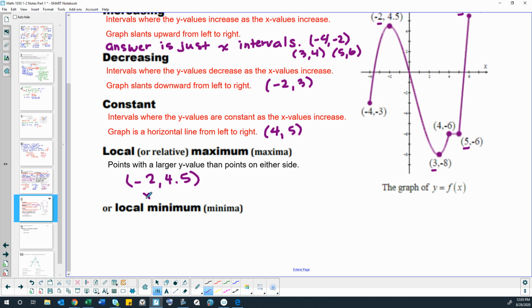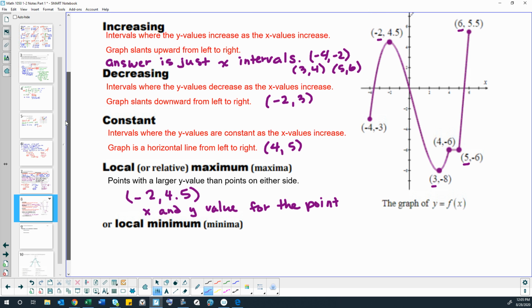That's our x and a y value for the point. Now there can be more than one. Do we see any other local maximums?